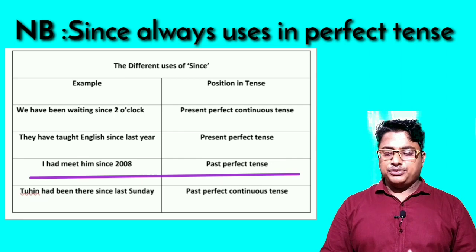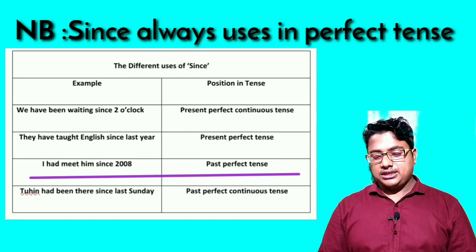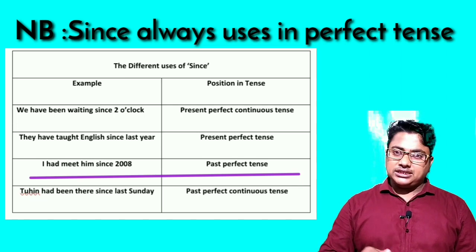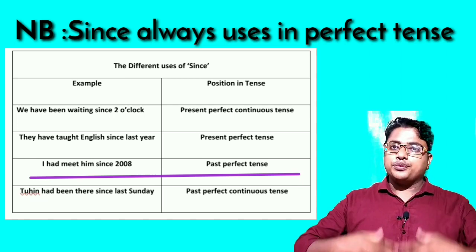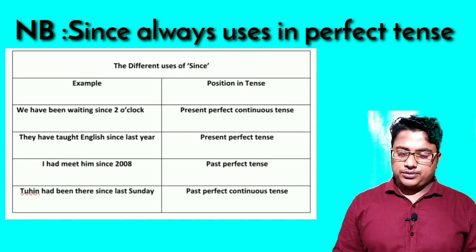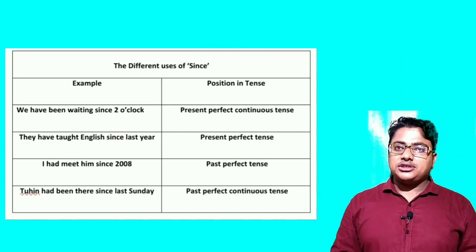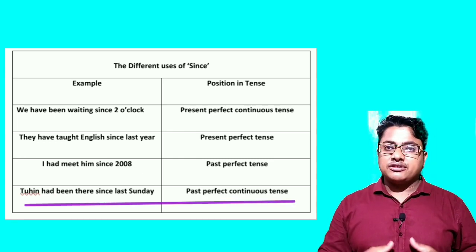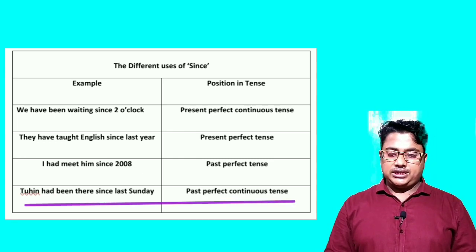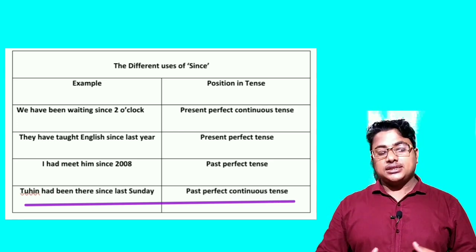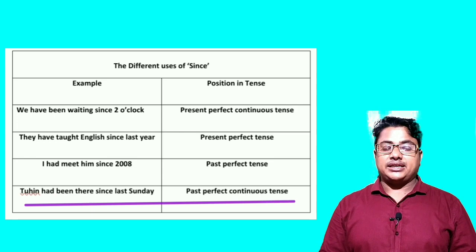I had met him since 2018. Here 2018 is the starting time to meet with him. I started to meet him. Okay, so the sentence is past perfect. Then final example, Tohid had been there since last Sunday.